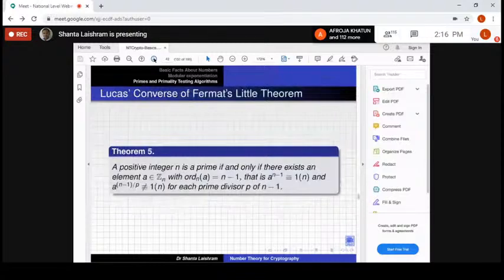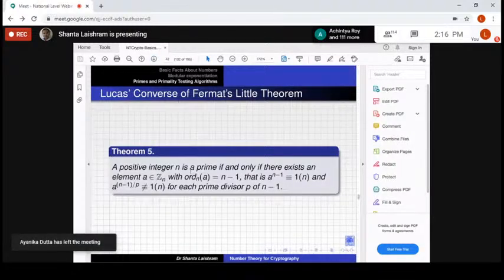So now I want to talk about the converse of Fermat's little theorem due to Lucas. This is the so-called Lucas primality testing algorithm. A positive integer n is a prime if and only if you can find an element A whose order modulo n is n minus 1.